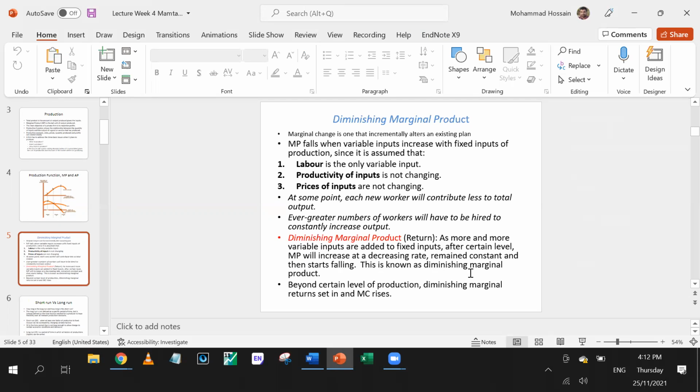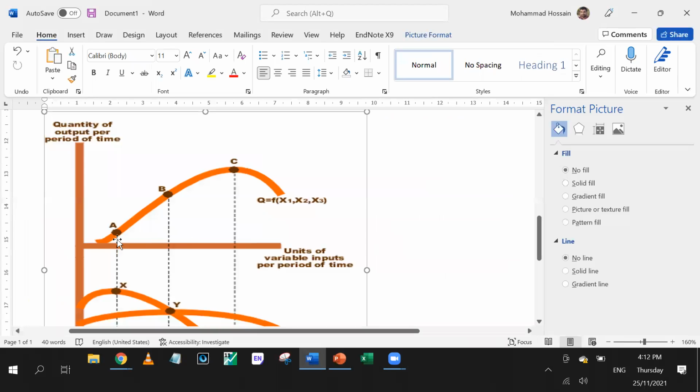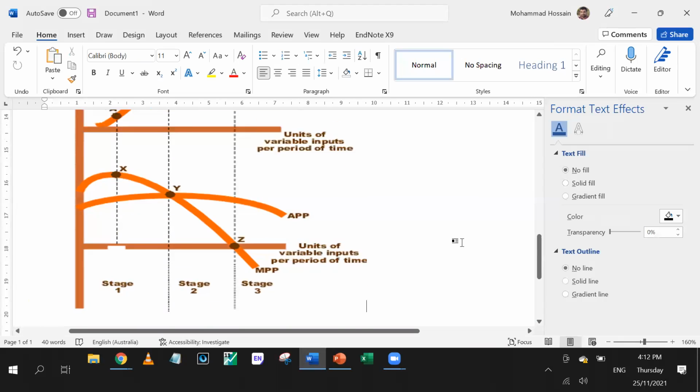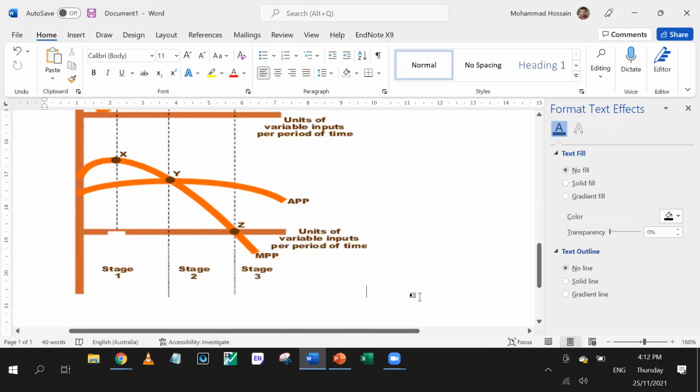This is known as diminishing marginal return. This is a characteristic of our input and output process. You can see here, it will increase, then slowly it will go down. At one stage, it will start to diminish, going further down.